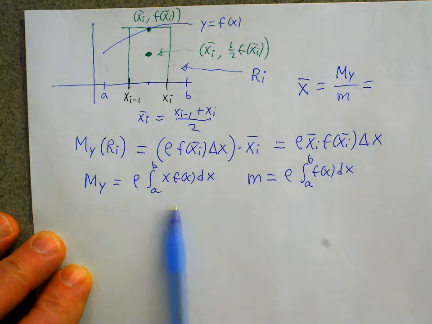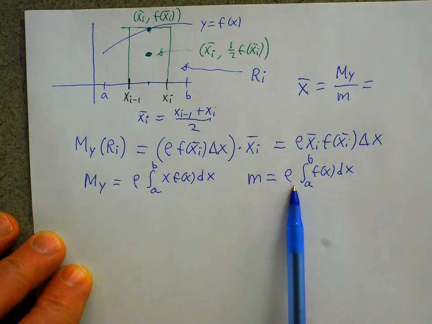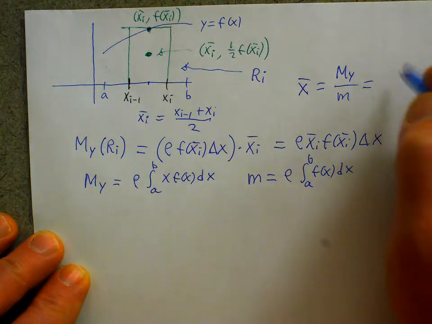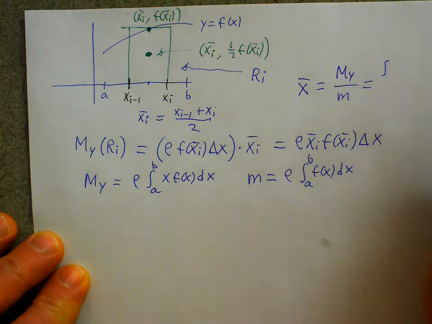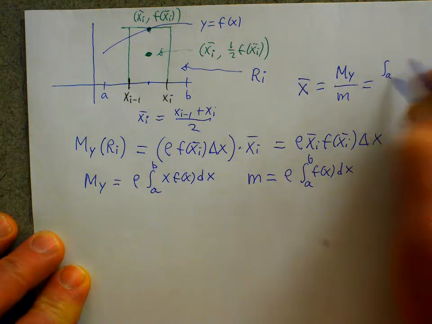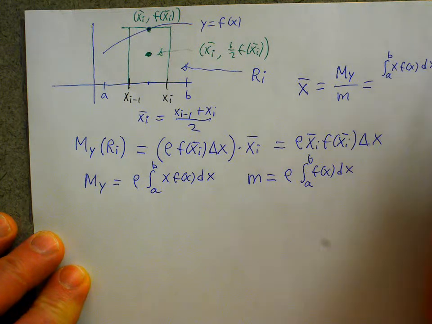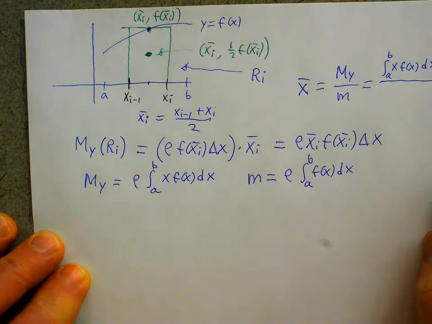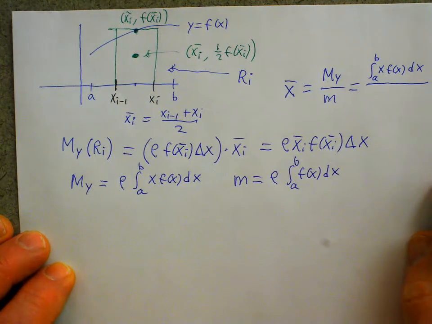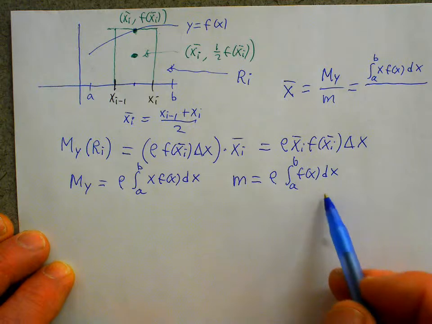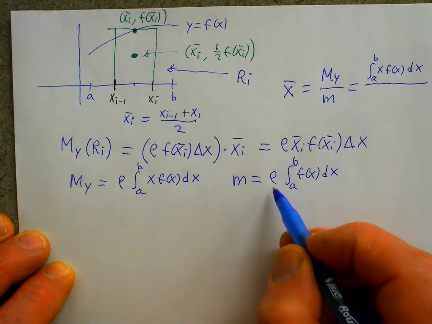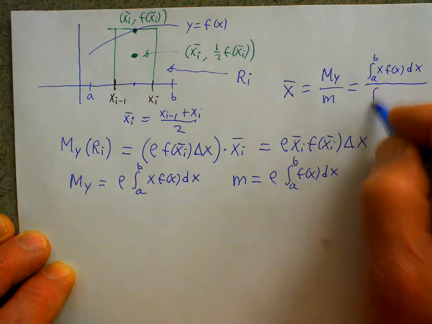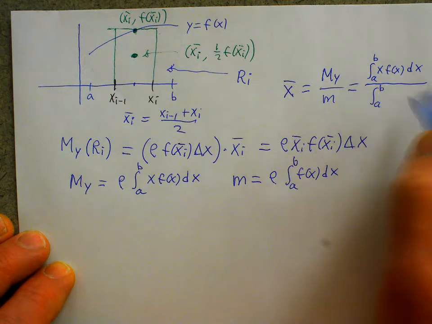So we divide this definite integral by this one. The rhos cancel each other out, so we'll just write it without the rho constants. In the numerator, we have the definite integral from a to b of x times f of x dx, divided by the mass without the rho, since those cancel. So in the denominator, we just have the area of that region.